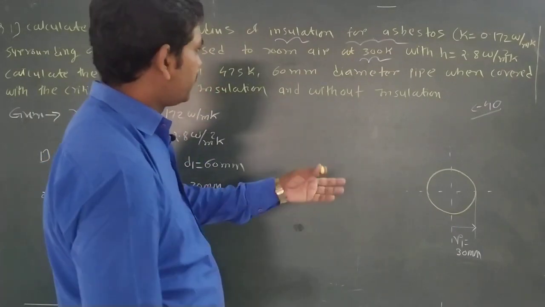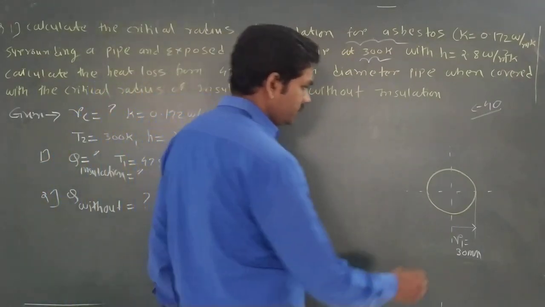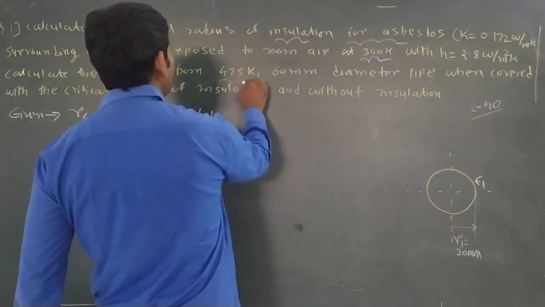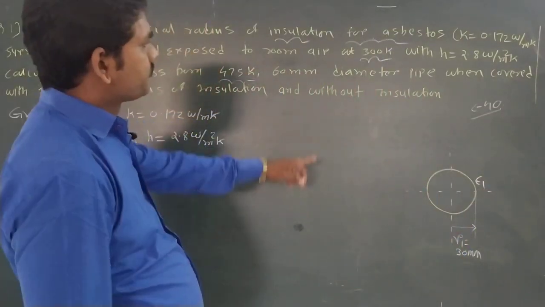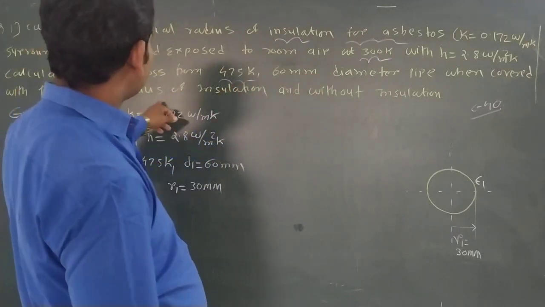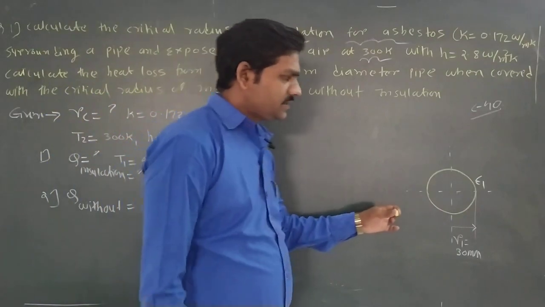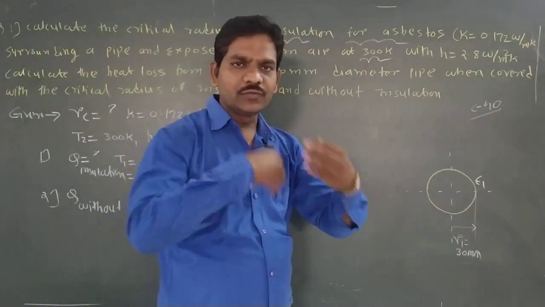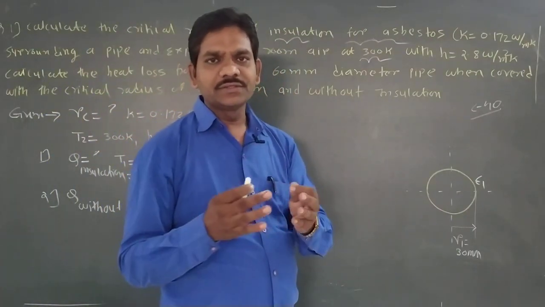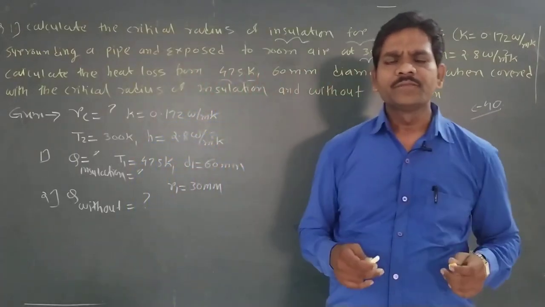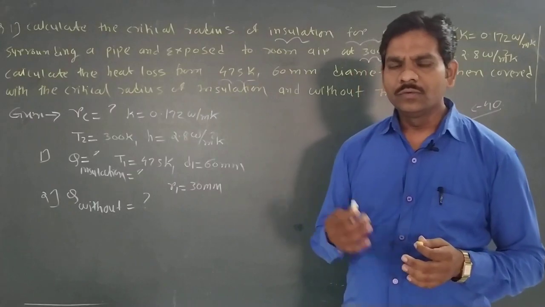The temperature of this pipe is given, we show it by letter T1. It is how much? 470 Kelvin. When covered with a critical radius of insulation and without insulation. Means in the first case we cover the insulation and in the second case we remove the insulation. So, in both cases we have to determine the value of Q.